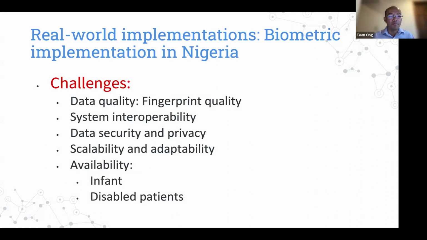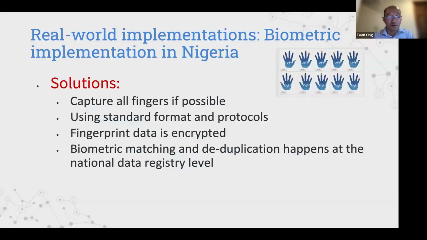Some of the problem with using this system widely is making sure that they can uniquely identify a specific group of patients, especially infants and patients with disabilities, when they have damaged fingerprints or not enough fingers to be captured.